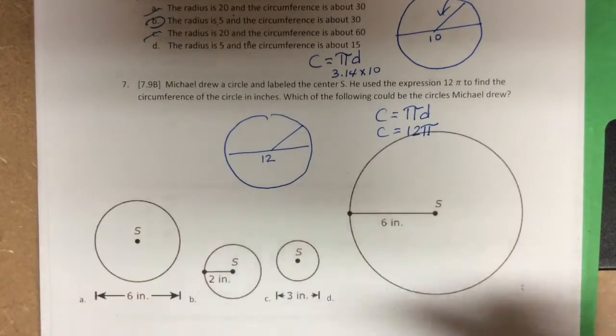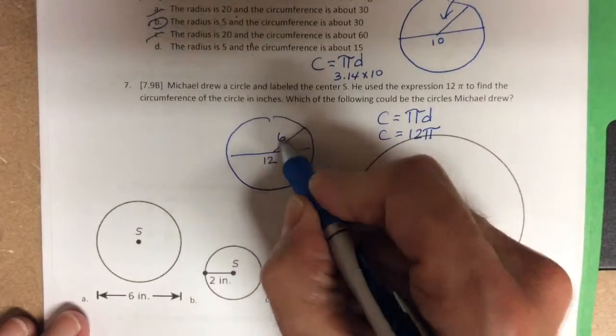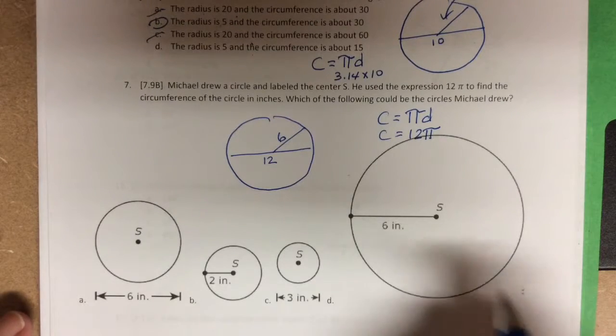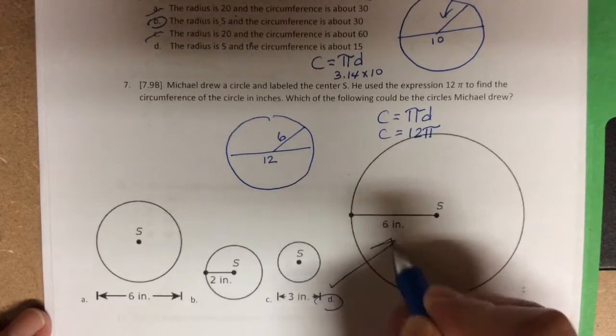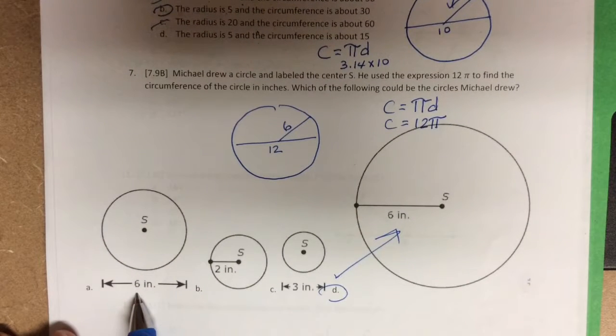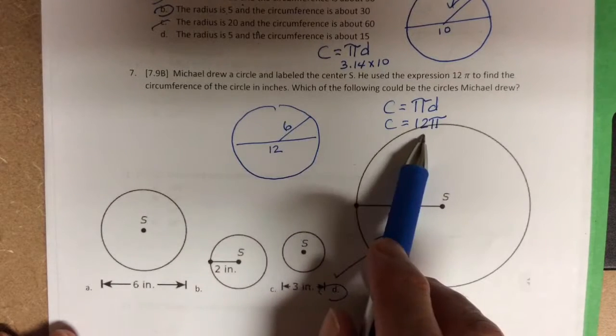Makes sense because it's 12 times pi. The radius would therefore be 6. So the correct answer was D, with a radius of 6. A is wrong because it has a diameter of 6, and the diameter is 12.